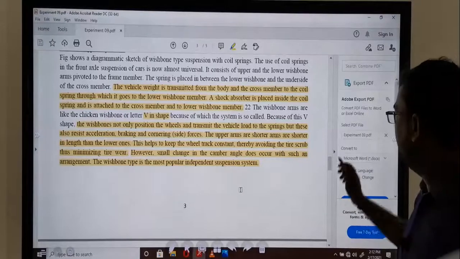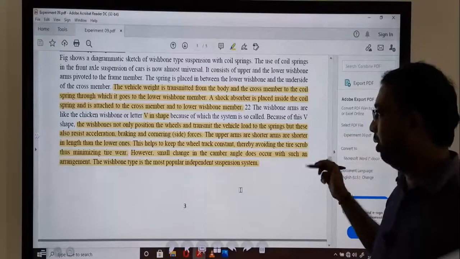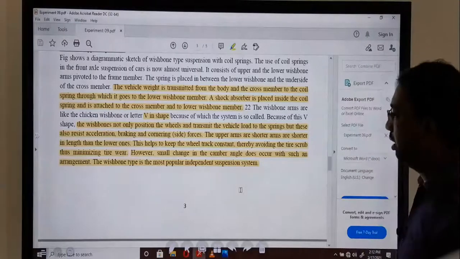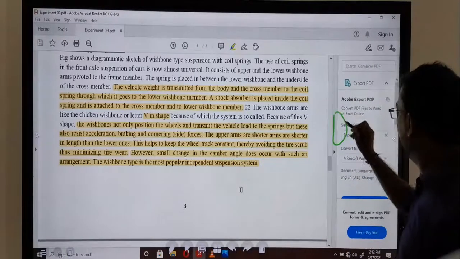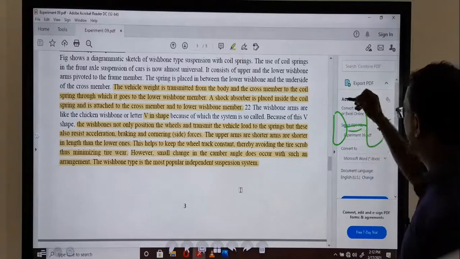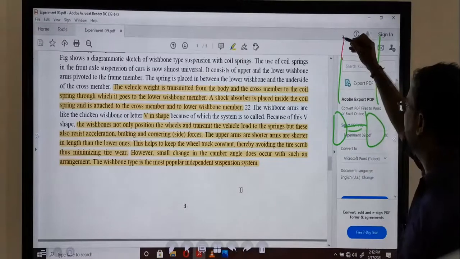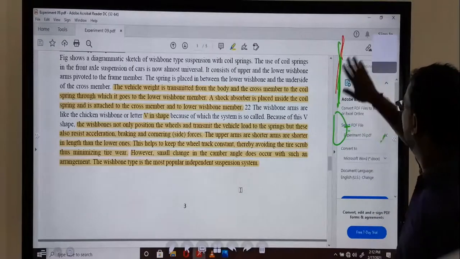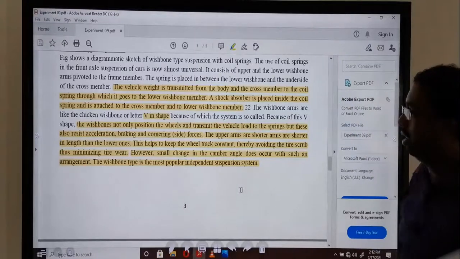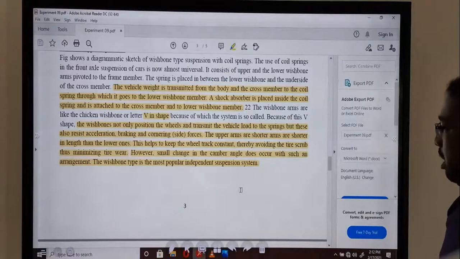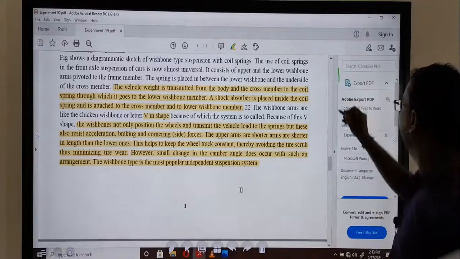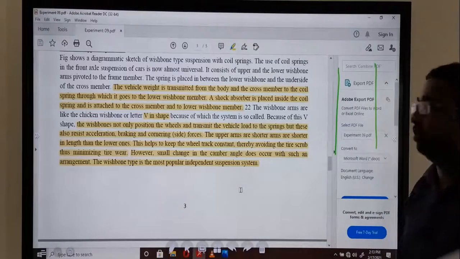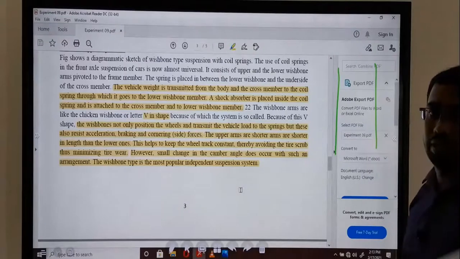So because of this arrangement of the length of the upper arm and lower arm, it helps to keep the vehicle moving with the two wheels. The drag should be constant by this arrangement, thereby avoiding the tire scrub, thus minimizing tire wear. That means if the vehicle moves in a straight line, there is less tire wear.